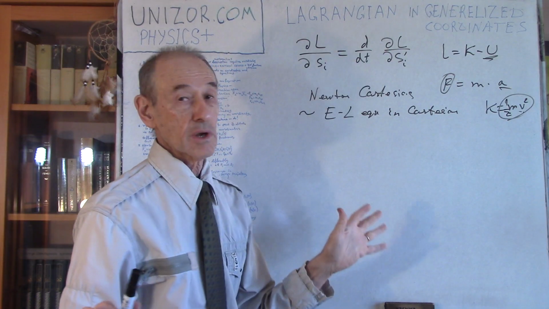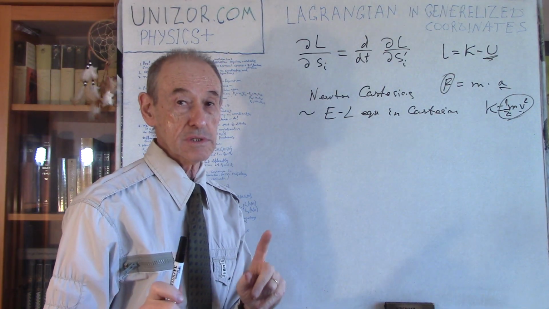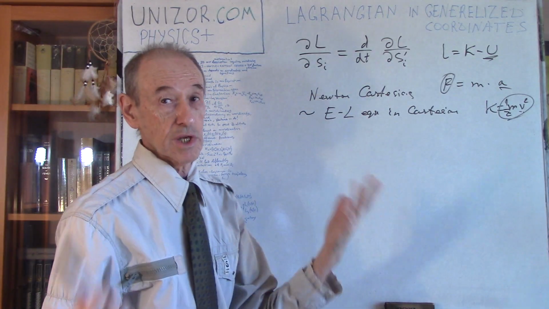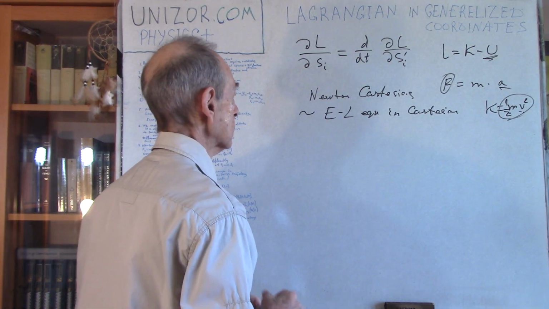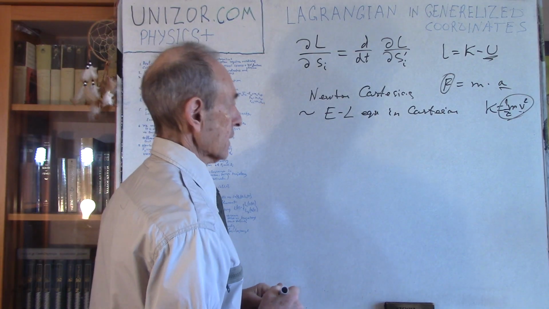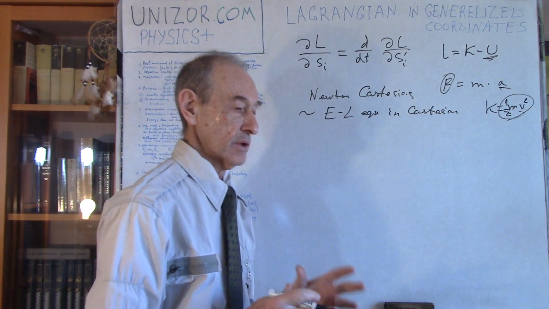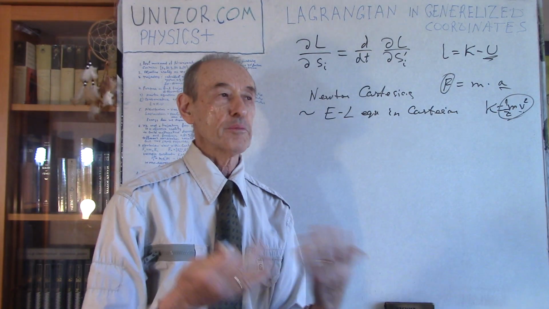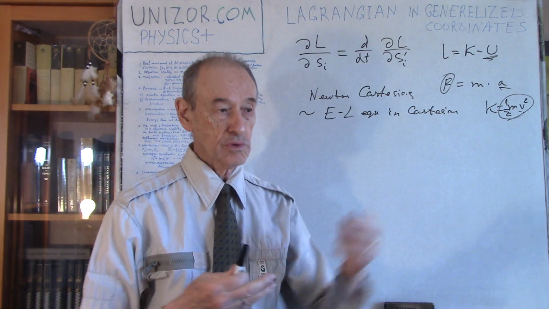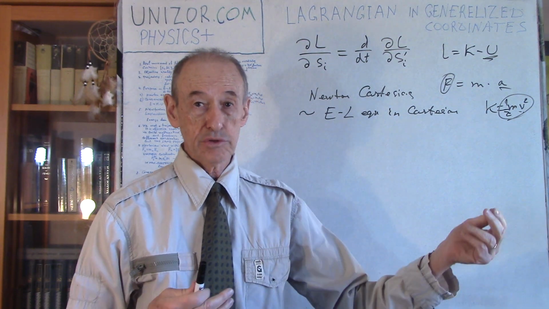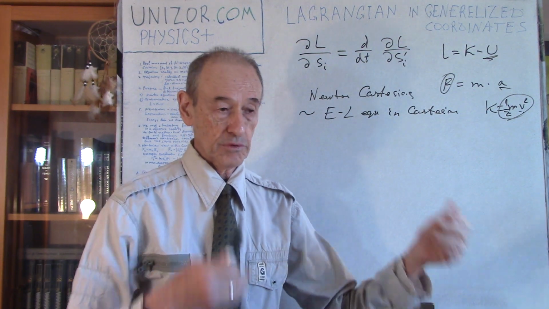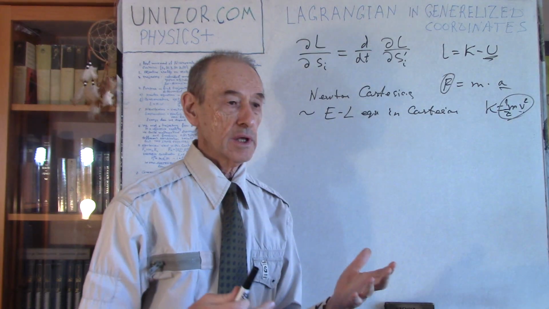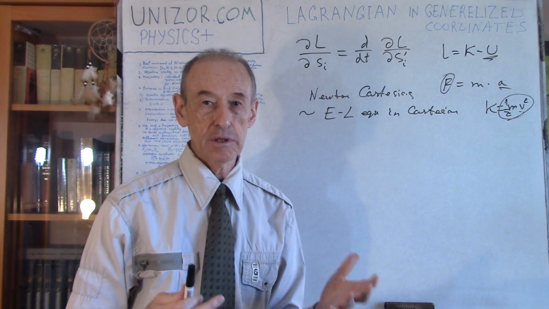Okay, so Euler-Lagrange is done, but only in the Cartesian coordinate system. We want to prove it for generalized coordinates, but how do we do it? Next, let's think the following. The purpose of a physical law is to derive analytically the trajectory of the system from, let's say, point A to point B. Now, trajectory is a physical reality.